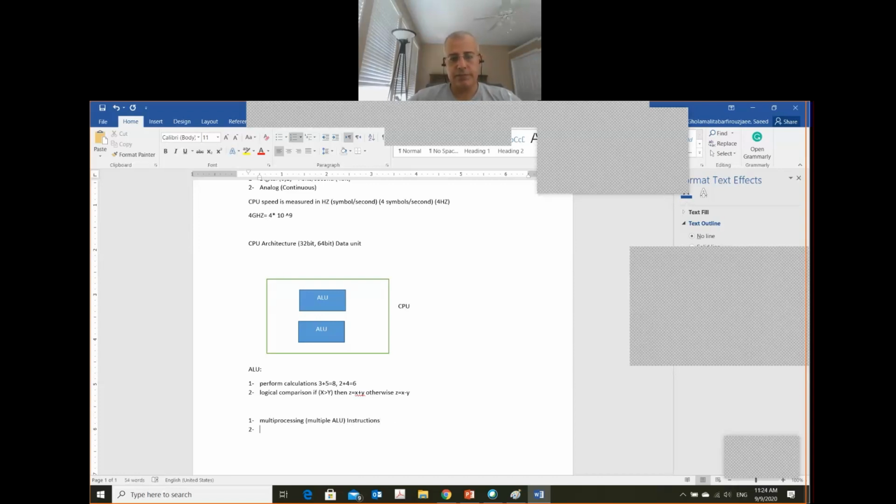The second method is called multithreading. First we have to define a thread. What do we mean by a thread? A thread is a task that the operating system hands over to the CPU.